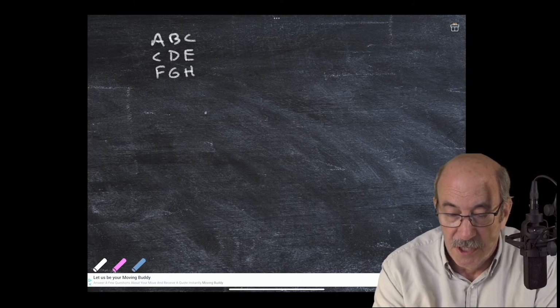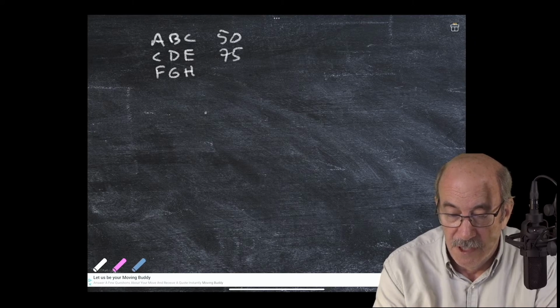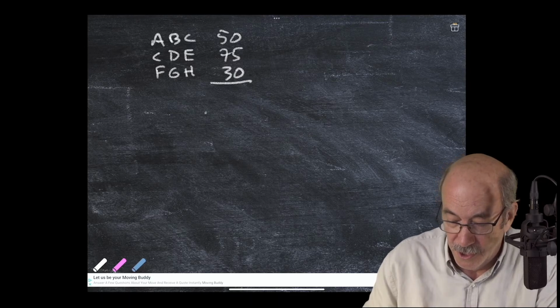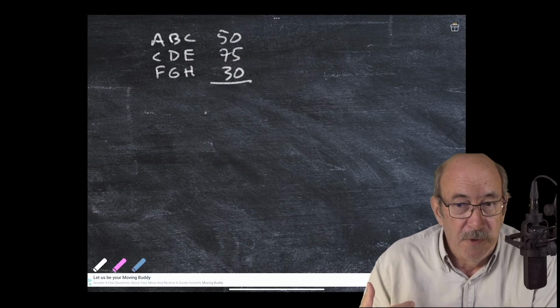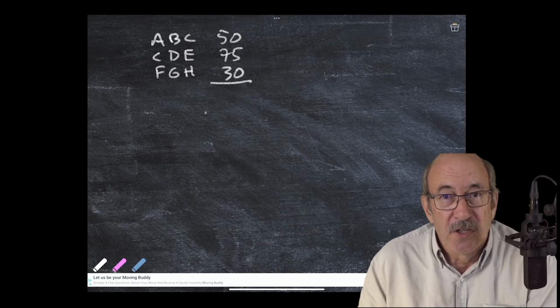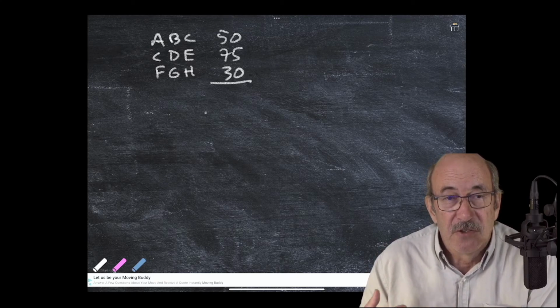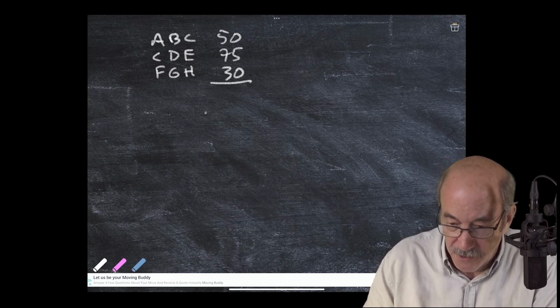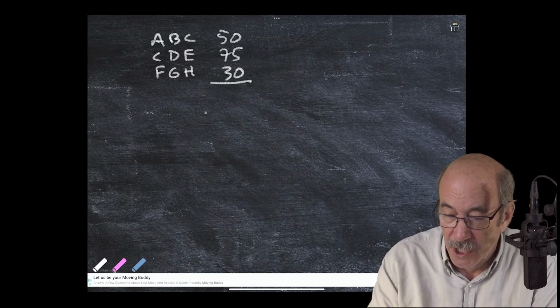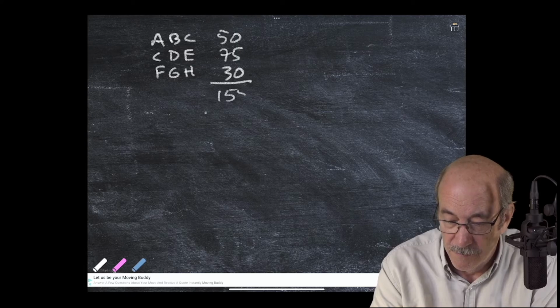We've got 3 stocks. They each have a price, 75, and make this one 30. So to get an index started, remember that the typical way to start an index as price weighted is simply divide by the number of stocks in that index. So when I add this up, I get 155.